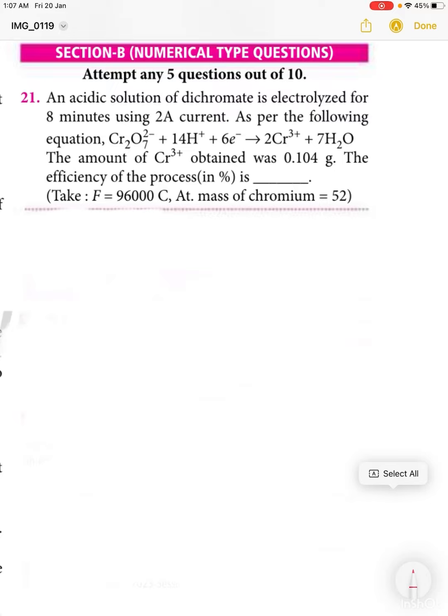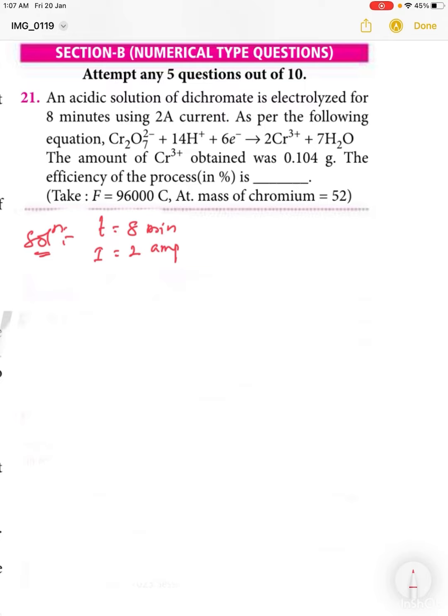Section B, numerical type questions. 21st question. An acidic solution of dichromate is electrolyzed for 8 minutes. Time is given, t equals 8 minutes. Current I is given as 2 amperes. The reaction is also given. The amount of chromium obtained was 0.104 grams.